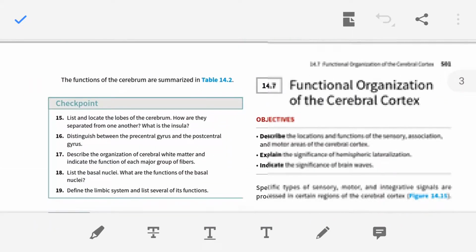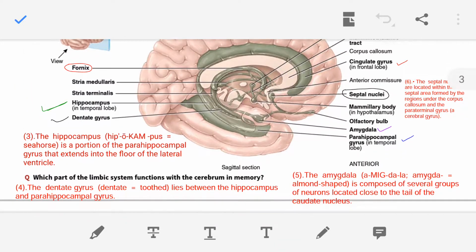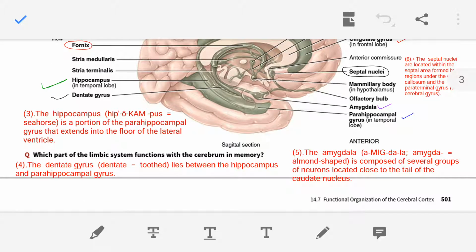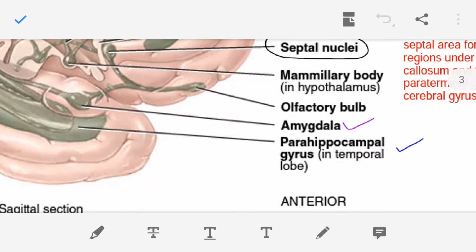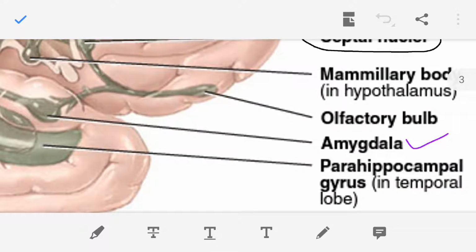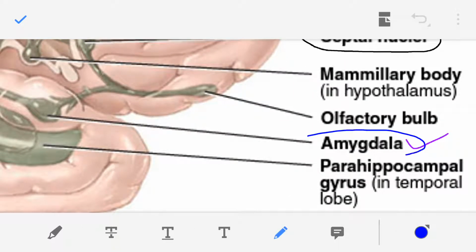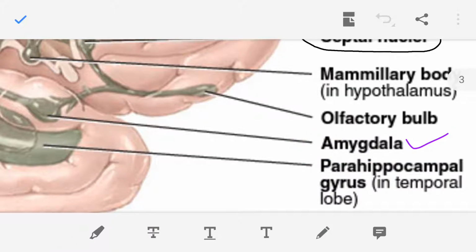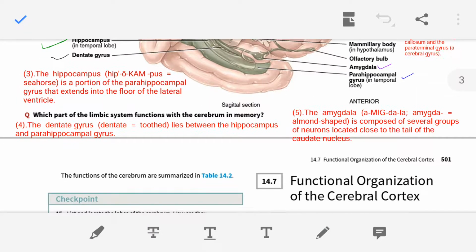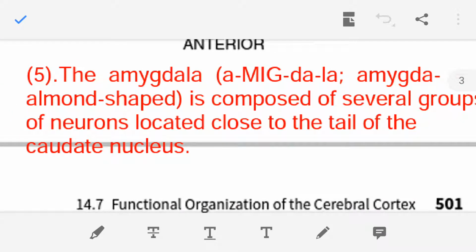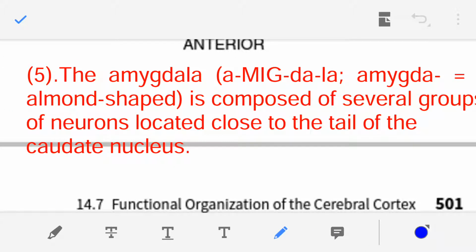Now we are discussing the fifth point, the amygdala. Now what is amygdala? Amygdala means almond shape.